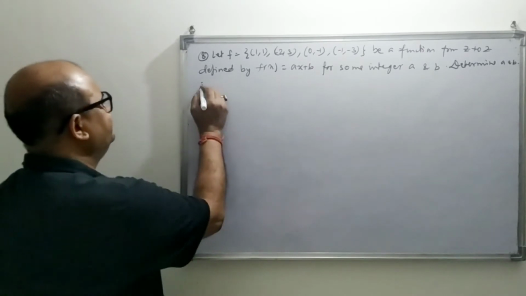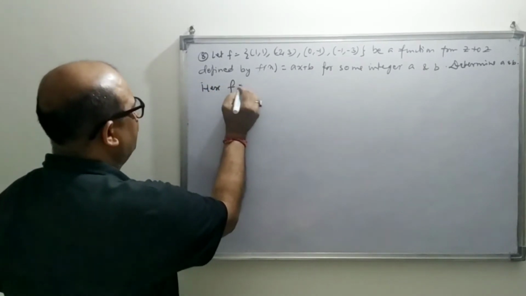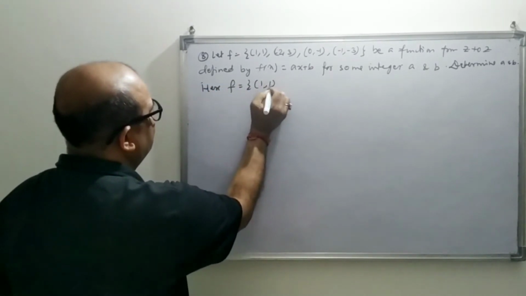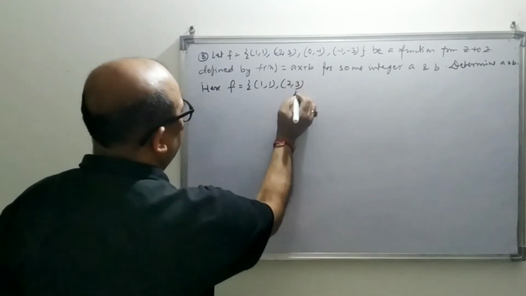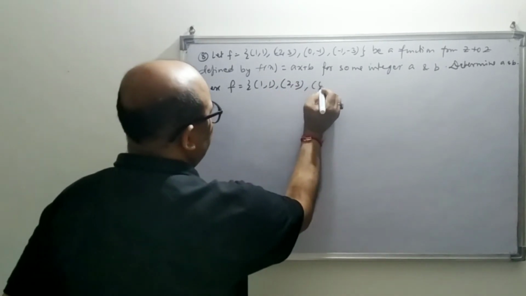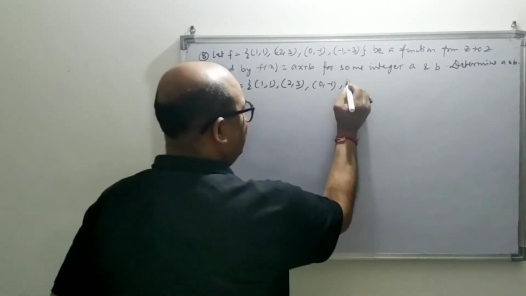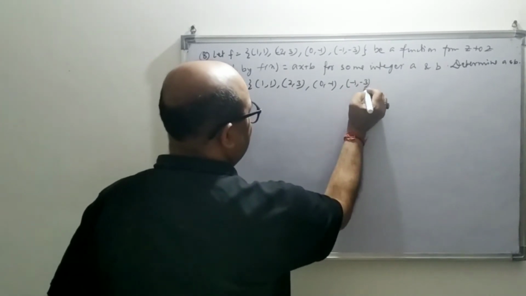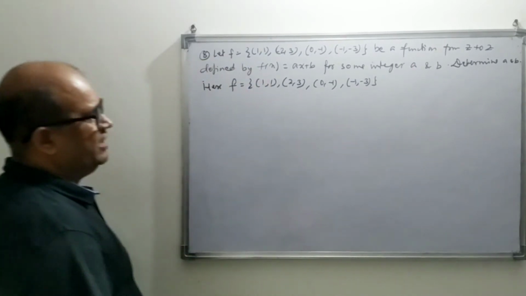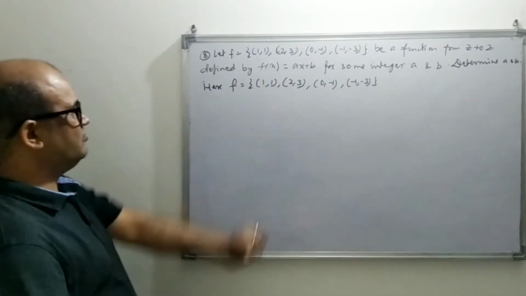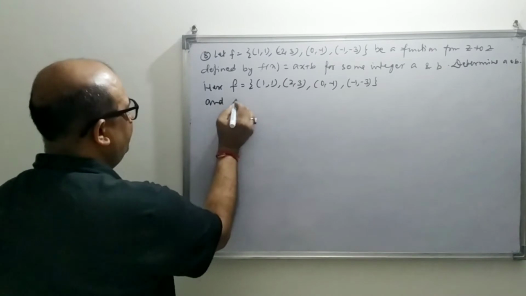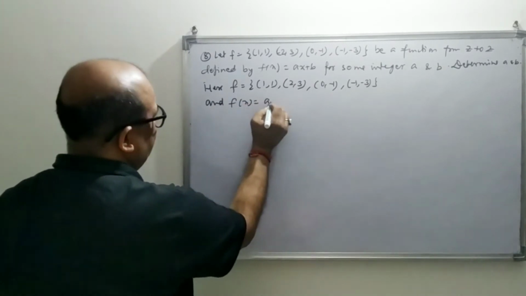Now here f = {(1, 1), (2, 3), (0, -1), (-1, -3)}, and it is defined by f(x) = ax + b.